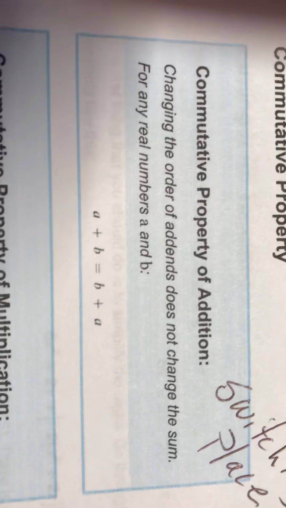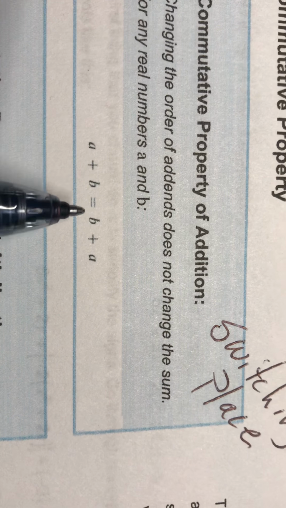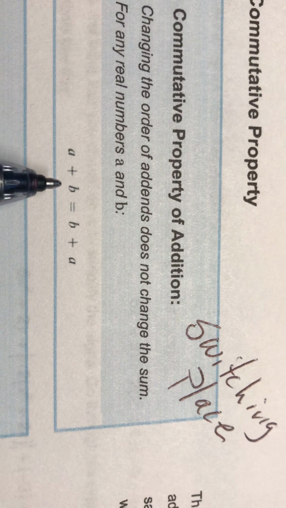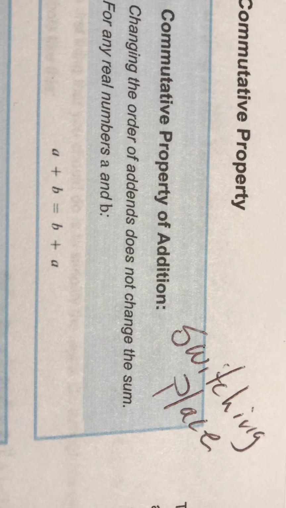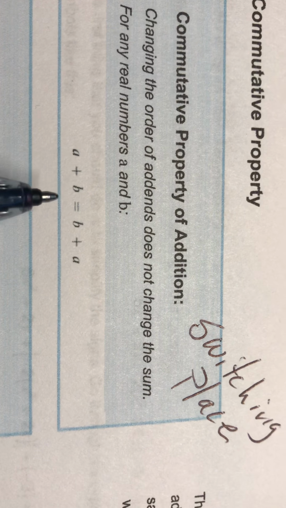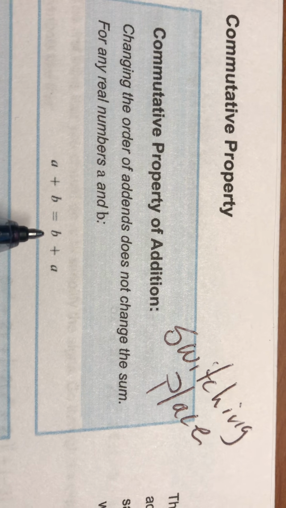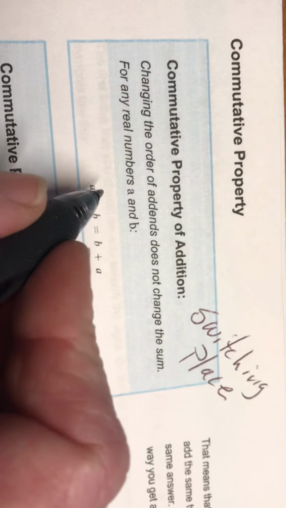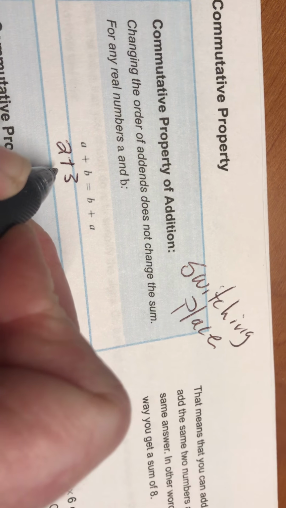So when we're talking commutative property of addition, all we're talking about is we've got stuff being added together. The A and the B could be variables, or the A and the B can be actual numbers. All we're saying is if we do A plus B, it's going to be the same number even if I switch places and do B plus A. So if I said 2 plus 3, we know that 2 plus 3 is 5, right?